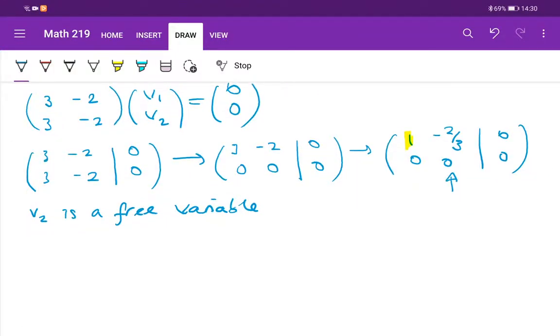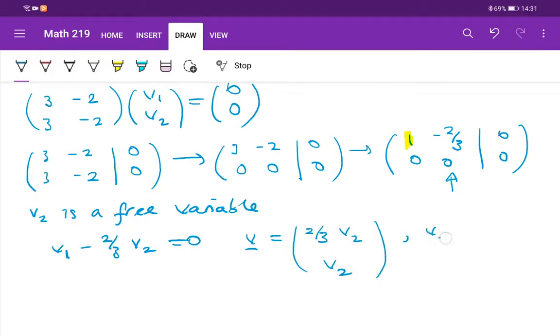The first equation is v1 minus 2 over 3 v2 equals 0. Since v2 is a free variable, you get the set of all eigenvectors: v equals (2 over 3 v2, v2), where v2 has to be non-zero, otherwise you get 0, 0.